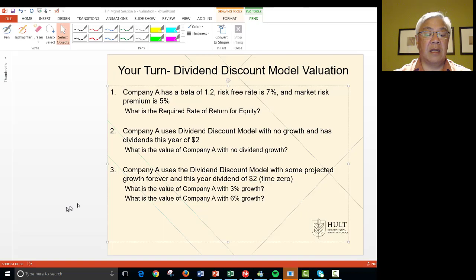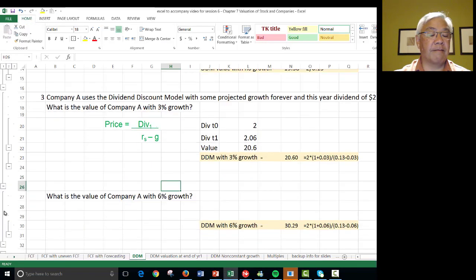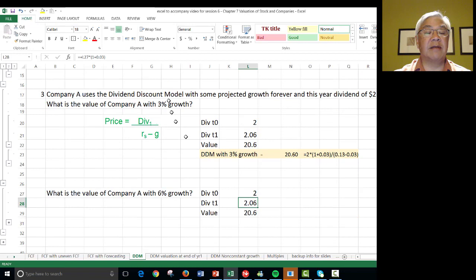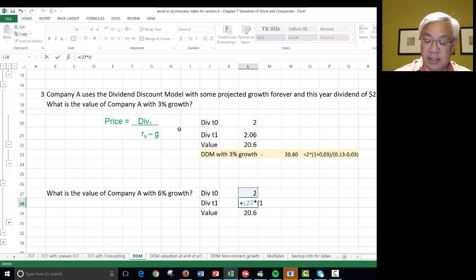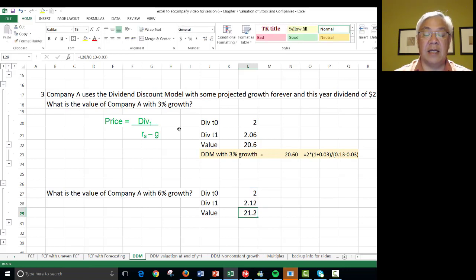Next, we would do 6% growth rate. All right, so the dividend in T1 is now, let's do this from scratch, T0 times 1 plus growth rate 0.06. So the growth rate is that value. Again, we'll just do that from scratch.